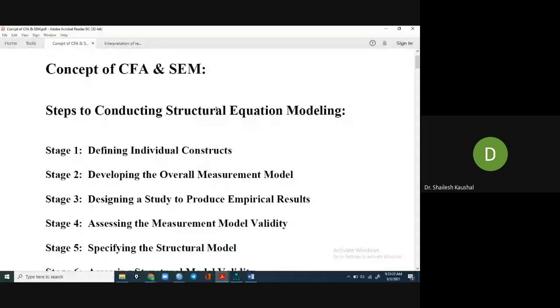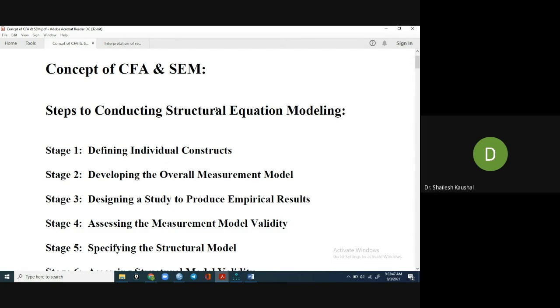Dear participants, today I'm going to explain CFA, confirmatory factor analysis, and structural equation modeling. Basically, we conduct structural equation modeling in two parts.